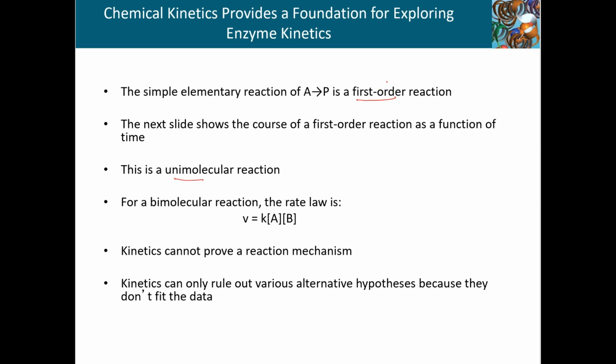Now, if the rate depends on both the concentration of A and B, two different substrates, that's a bimolecular reaction, and it's defined by V equals k times the concentration of A times the concentration of B. Now, it's really important that we're not using kinetics to prove a reaction mechanism, but the kinetics can rule out alternatives which don't fit that kinetic data.